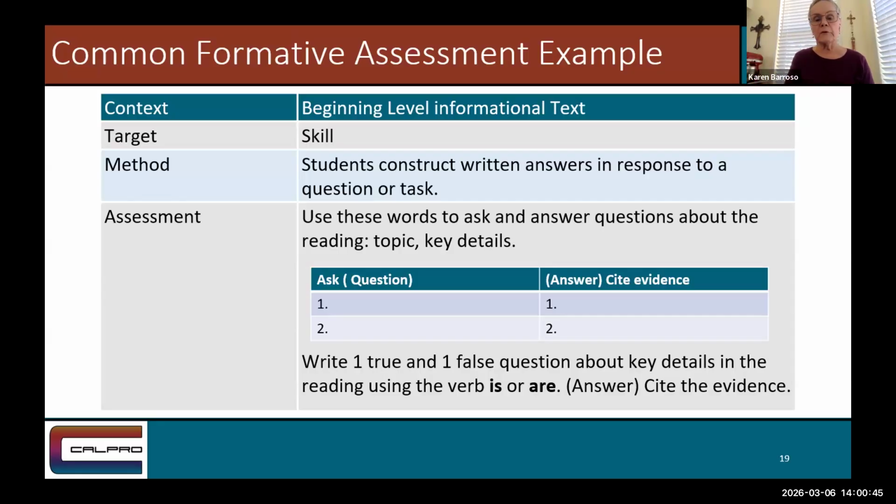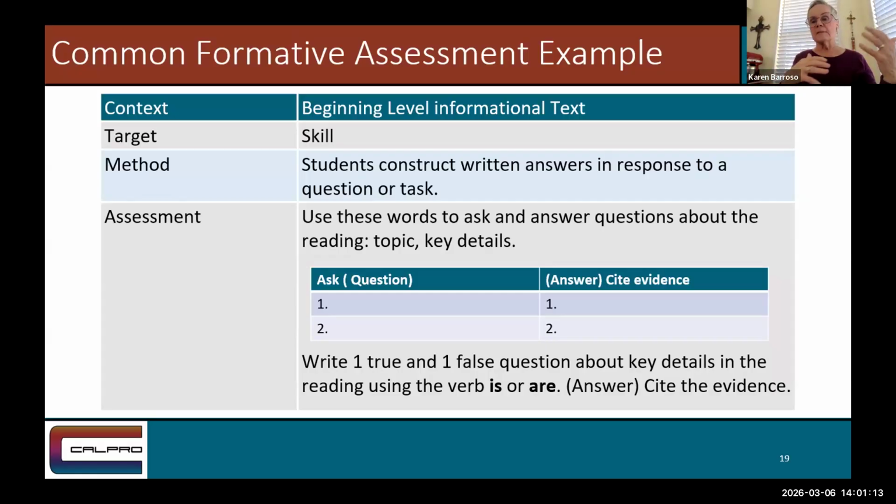So first it would be verbal, and then you could actually target it to writing the answers, ask a question, and cite the evidence. And the reason I remember including this is because they were practicing is and are. So we're also looking at language and how they can actually ask the question and cite the evidence.